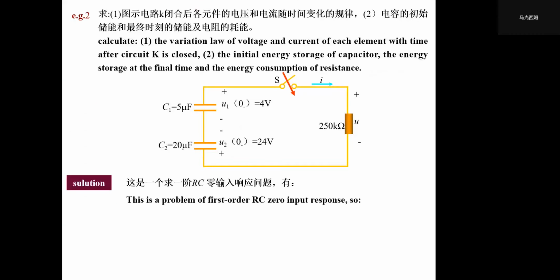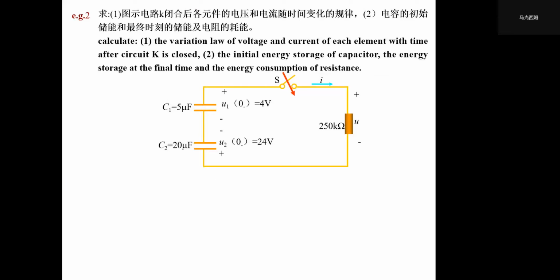So we would like to know how the current and the voltage change according to time, and how much energy is stored in the capacitors, the final stored energy, and the energy consumed by the resistor.